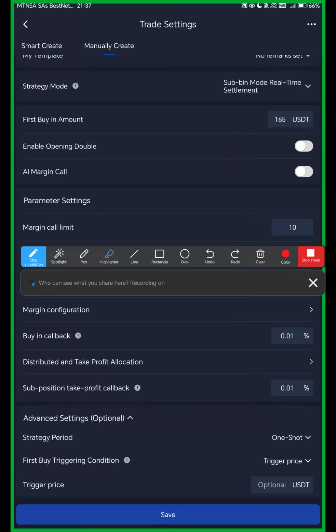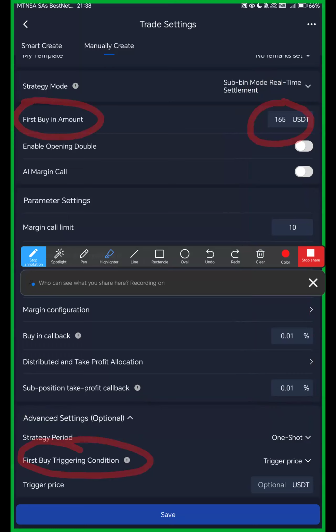When you tap on advanced setting, you are going to find the first buy triggering condition. What does it mean? It means that your first buy-in amount here is your first buy. For the robot to enter the market the first time, what should alert the bot to buy?